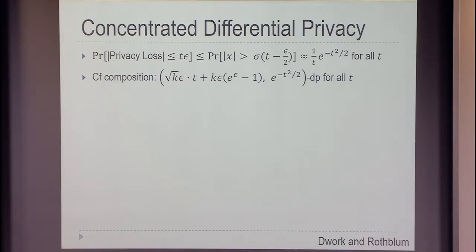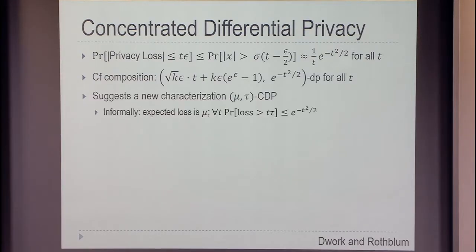So you might remember the form in which we expressed the composition bound. We looked at the probability of being t standard deviations away from the mean. And we said that that was at most e to the minus t squared over 2. And so this is very, very similar. T standard deviations away, t epsilons away, e to the minus t squared over 2.